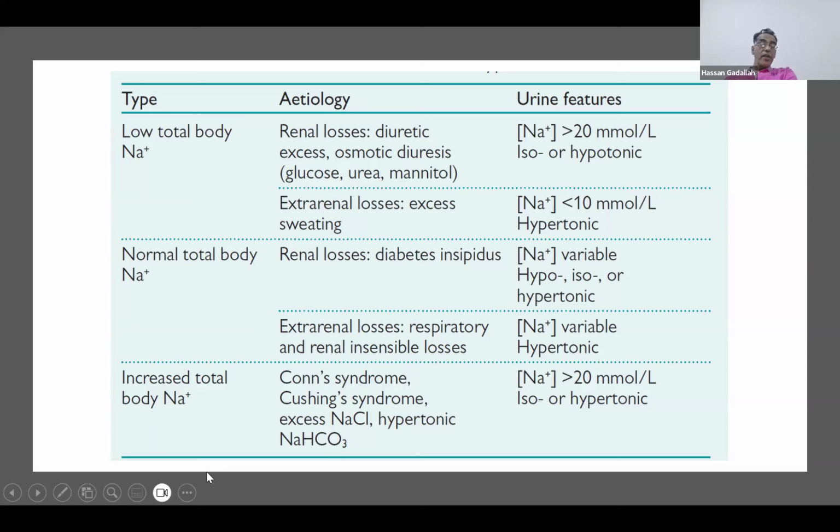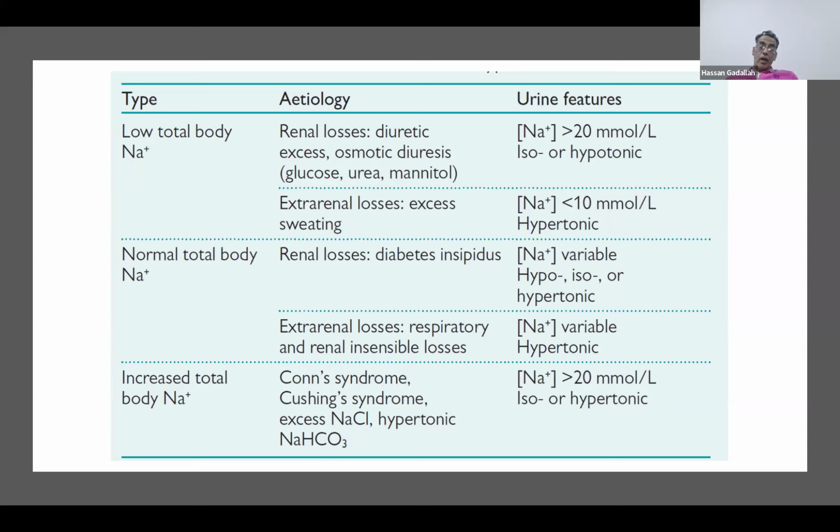In cases of hypernatremia with increased total body sodium, this occurs either iatrogenically, where we are using a big amount of sodium loads from outside, like sodium chloride or hypertonic saline, for example. And in two endocrinal conditions, Conn's syndrome, which is primarily a mineralocorticoid excess disorder, and Cushing's syndrome, which is primarily a glucocorticoid excess disorder.